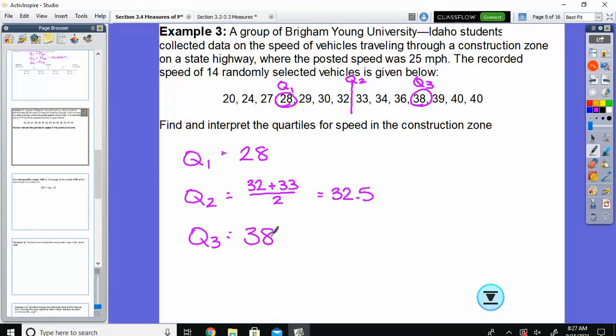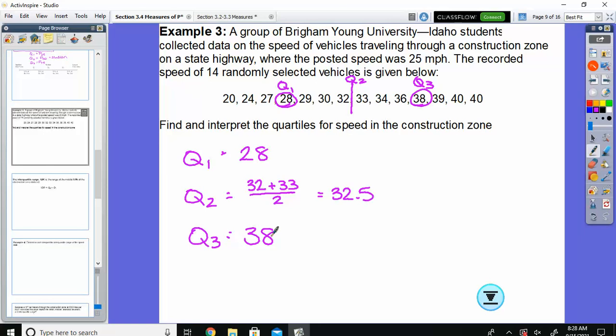I could ask you if your data is skewed from this. It'll make more sense when we start drawing our box and whiskers, and it'll be more obvious then. But we could even make a note here. How far is it from quartile 1 to quartile 2? How far apart are those? 4.5. How far apart are 32.5 and 38?